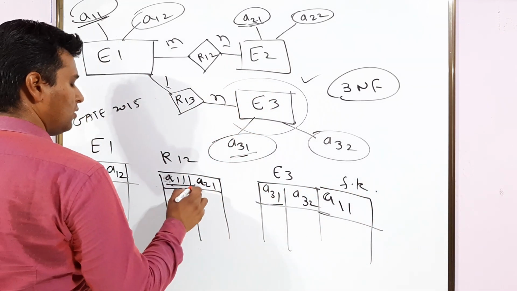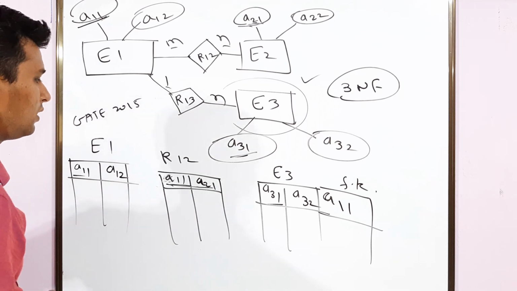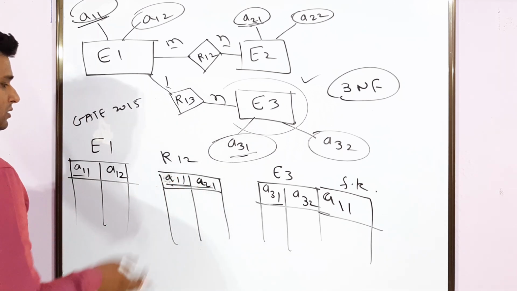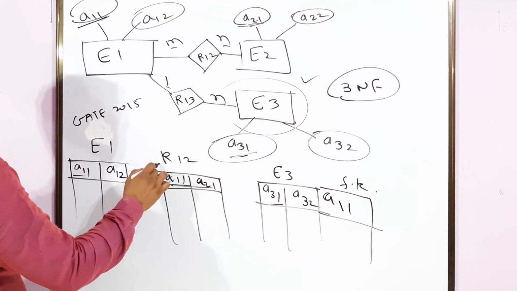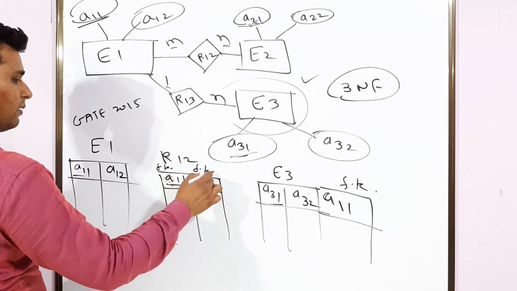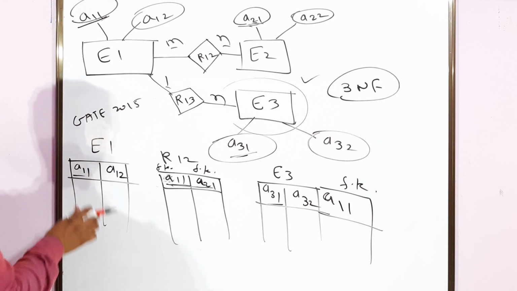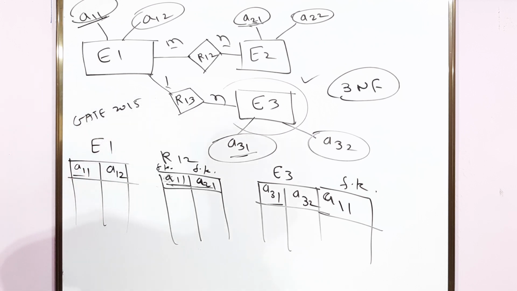So both are keys in this case, because this is a combination, and both are used as foreign keys and will be declared as keys. Now we will check the minimum number of tables.